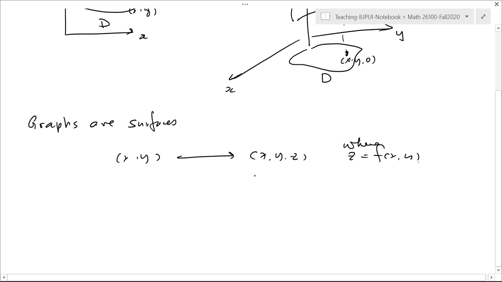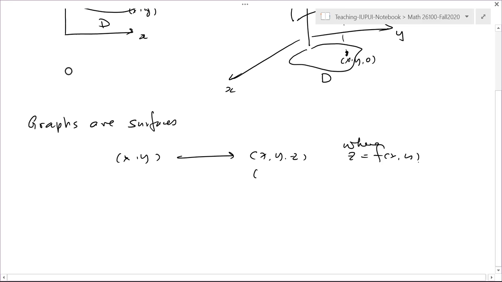Okay, so what I'm trying to do. The x and y are denoted by, how do I describe this? I cannot use f here because f is already used.